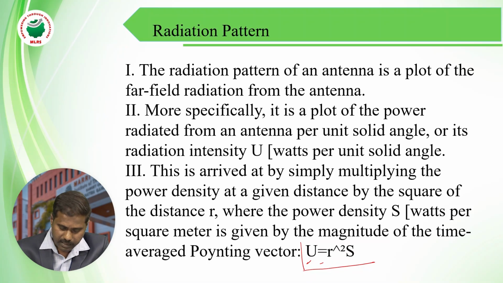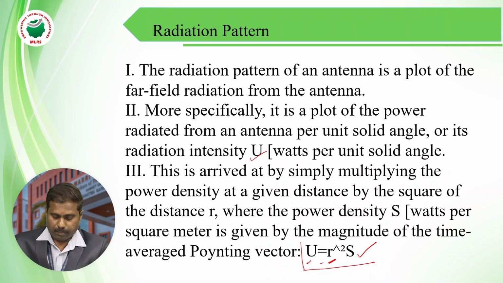This radiation intensity is denoted by U, and it is calculated as the radiation power density multiplied by the square of the distance between the point and the radiator. This is about the radiation intensity, where we know the power density and the distance. This is the formula of radiation intensity, U equals R square into S.